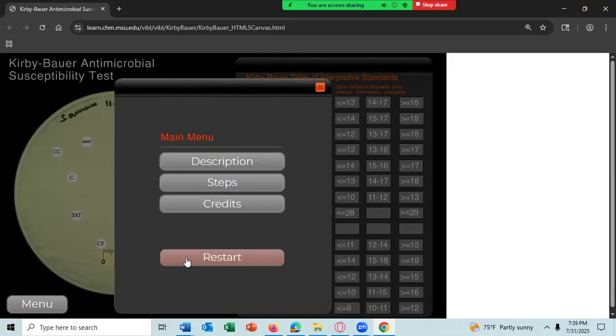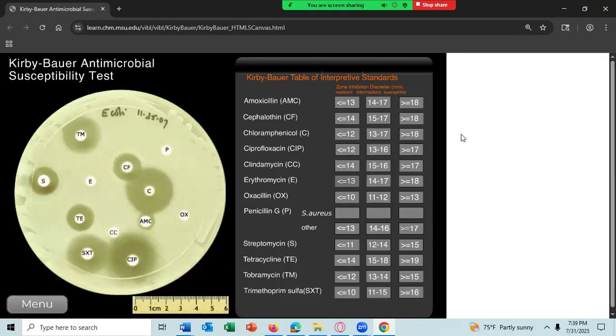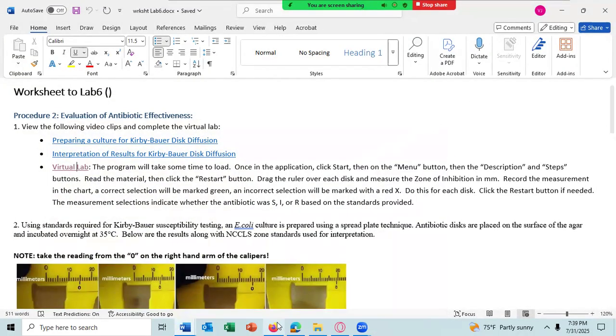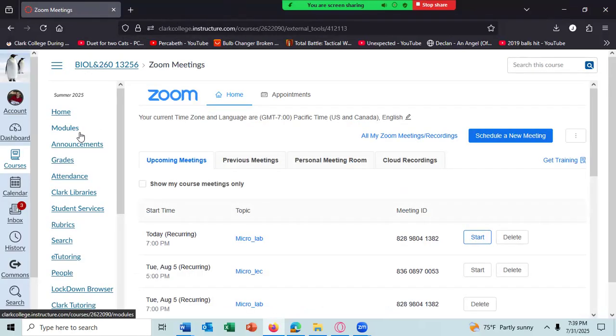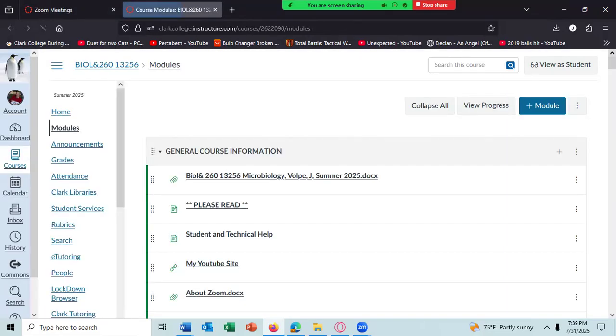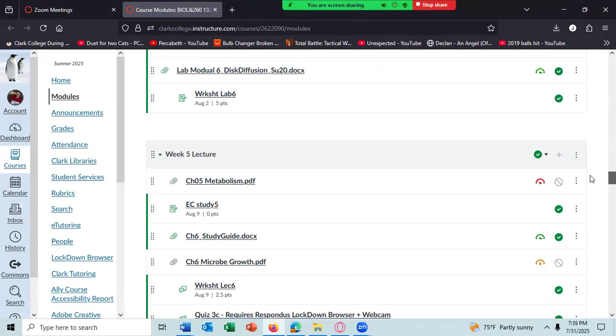You will need to do the virtual lab to answer some of the questions in the lab. Let me check on that just to make sure that's true. Let's get out of here. Let's see, where am I going now? I'm looking for, let's check the questions of the worksheet.